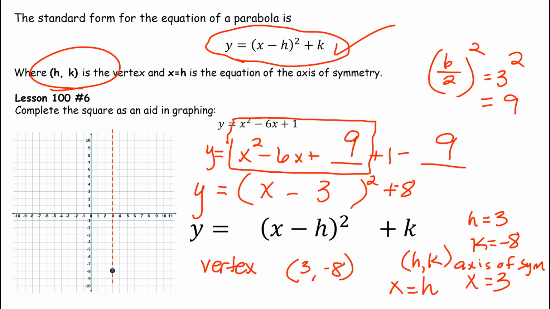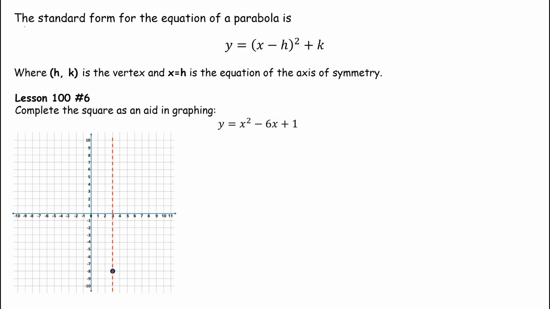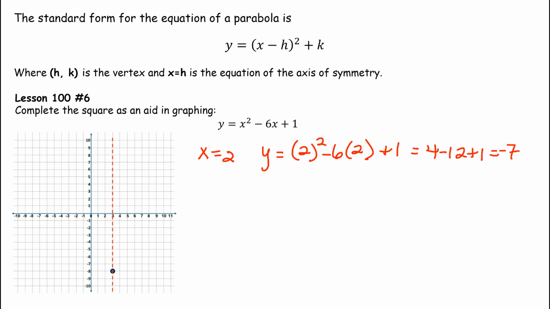All right, so we have our vertex, we have our axis of symmetry. Now we just need to get a few more points so that we can make sure we draw it accurately. Okay, so we're going to pick a couple of values for x and see what we get for y. So I'm going to start out by picking x equals 2. You can pick anything you want to. If x equals 2, then y is going to be 2 squared minus 6 times 2 plus 1, which is 4 minus 12 plus 1, which is negative 7.